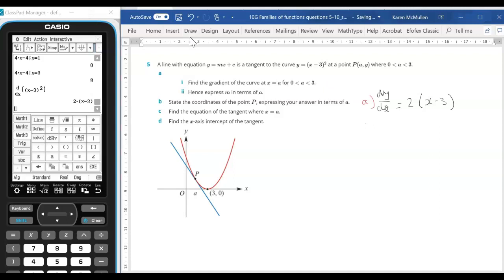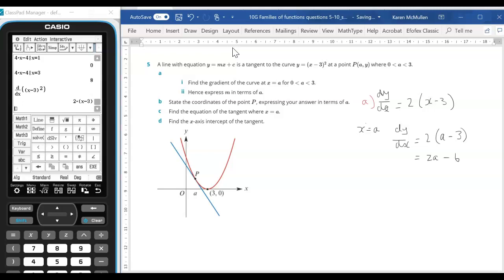So part 1, find the gradient of the curve at x equals a. At x equals a, dy/dx is equal to 2 times (a minus 3). We can expand that if we want to, so that becomes 2a minus 6.